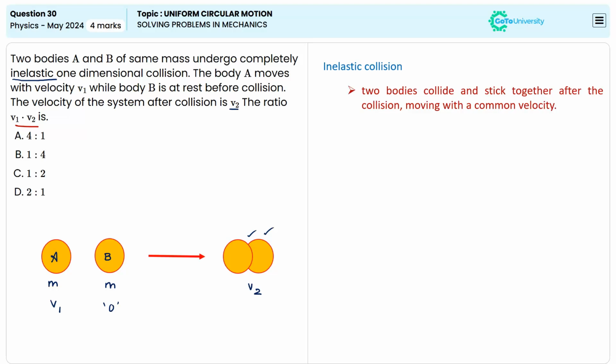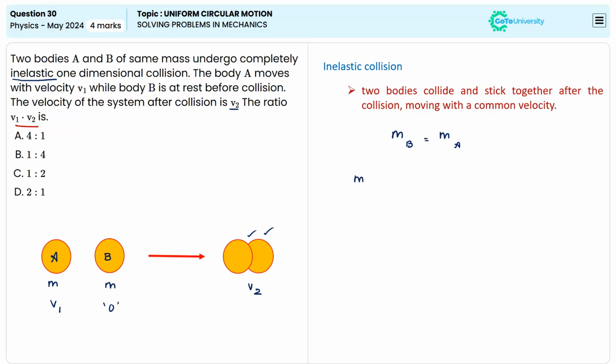So here we can use the conservation of momentum. In a completely inelastic collision, the momentum is always conserved, so the total momentum before collision will be equal to the momentum after collision.